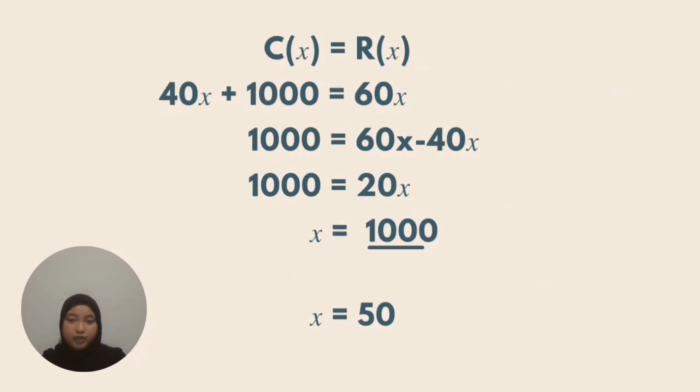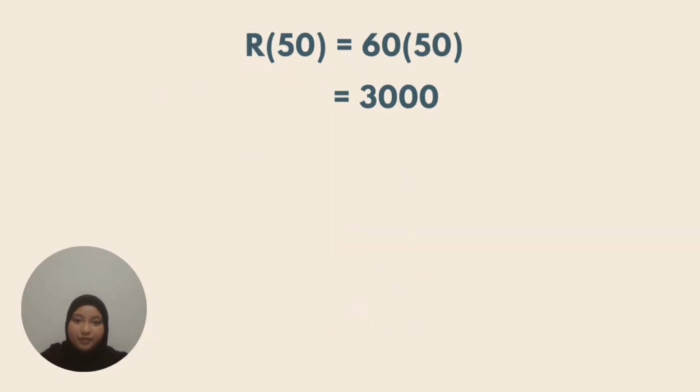Okay, for the solution, we have cost function equal to revenue function. So we arrange them. We have 40x plus 1000 equal to 60x, and the final answer is x equals 50.